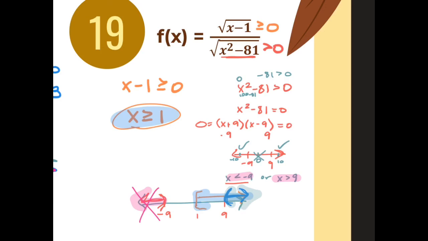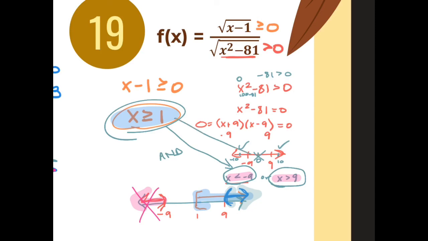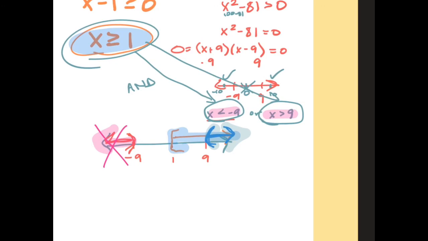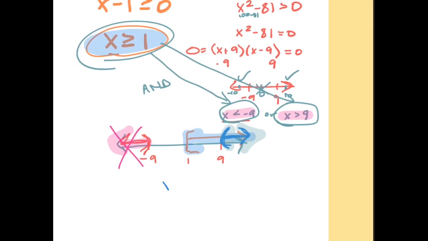So it's a this and this or this. Because this did not overlap with this one, you cannot keep it. This does overlap partially with that one, which means that my answer here is it has to be greater than 9 and not equal to, because there's no or equal to here.